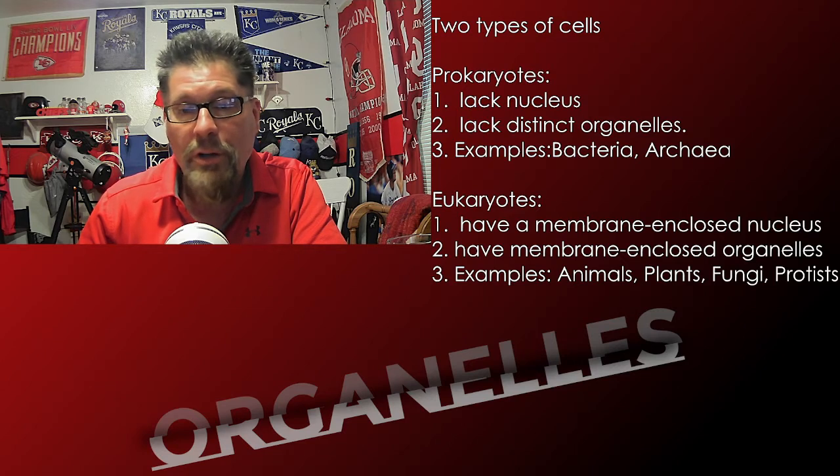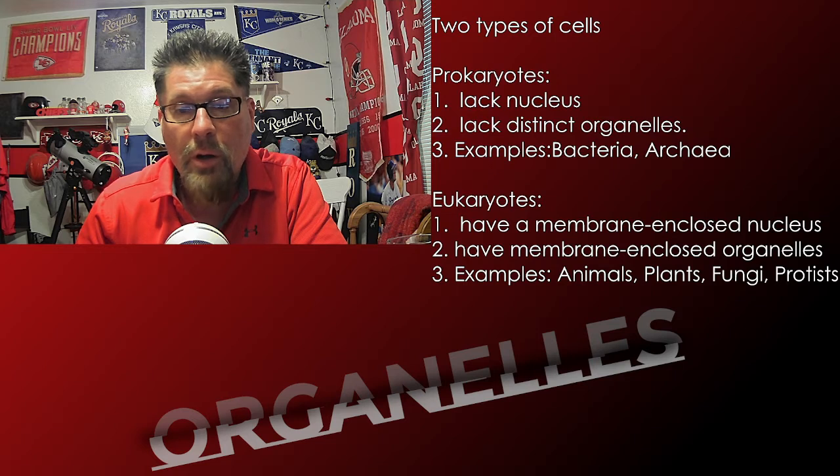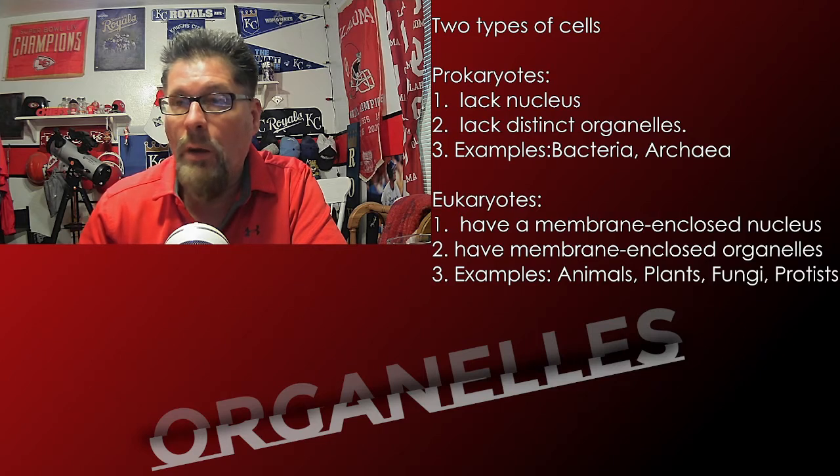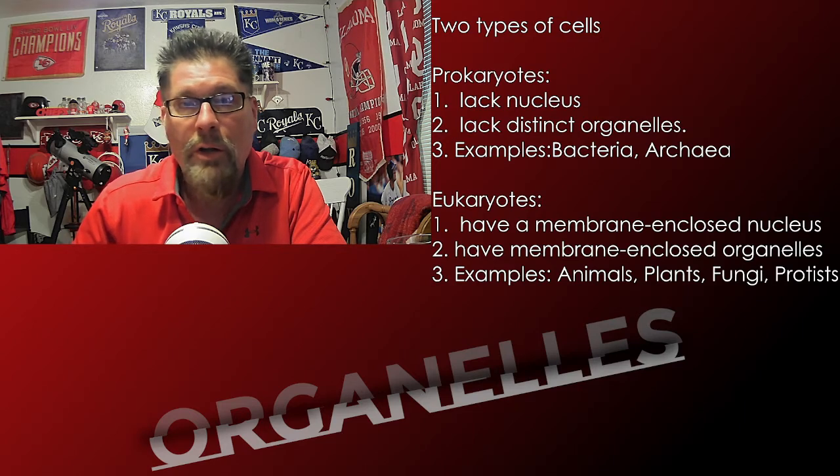If you're a bacteria cell, your only purpose is to infect a host and dump your DNA into their system and let their cells start manufacturing to create more bacteria cells. Eukaryotic cells do have a membrane-bound nucleus, a true nucleus. The organelles are membrane-bound, and of course animals, plants, fungi, protists, that kind of stuff are the examples.